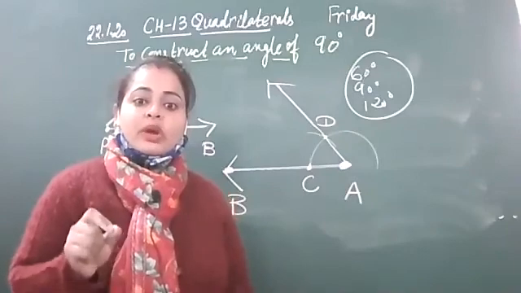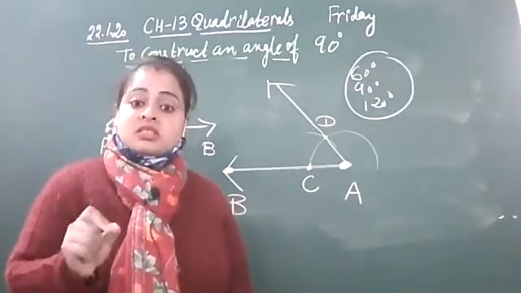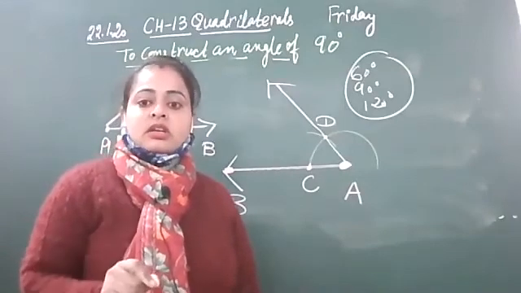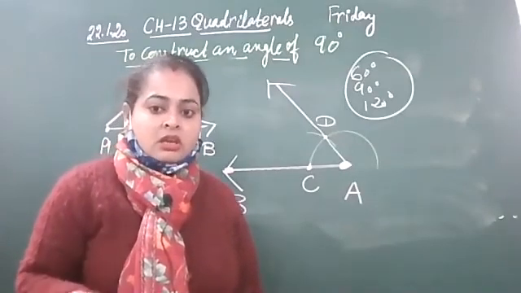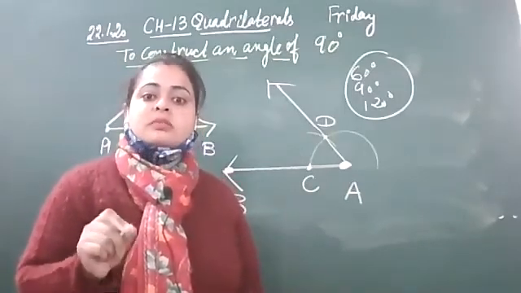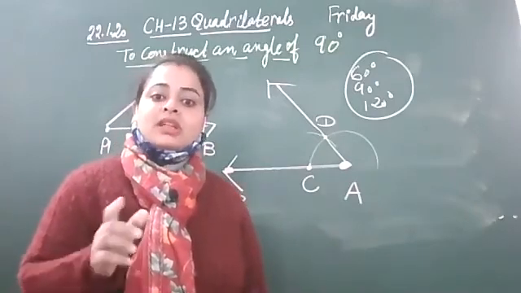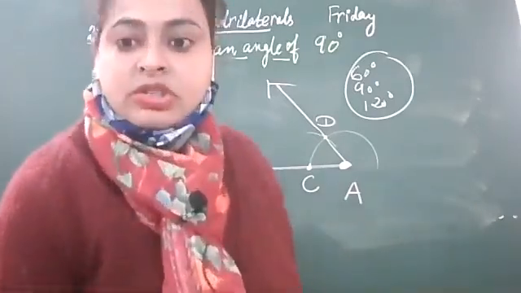Any number which is a multiple of 15. This is the correct result. Okay, not 15, not 40, not 18. Any number which is a multiple of 15, that number we can easily construct with the help of compass. Very good.